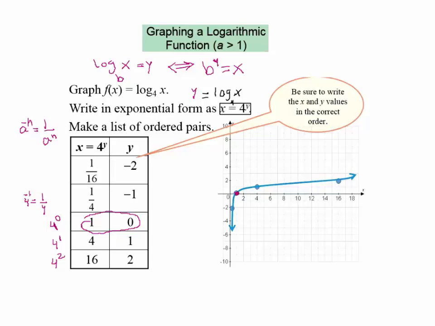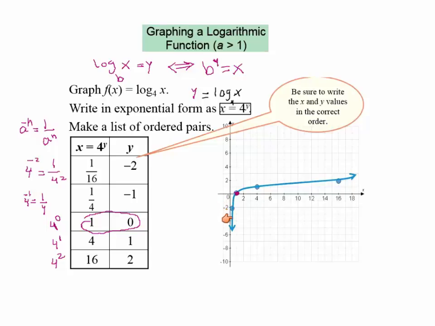So 4 to the power of -1 is equal to 1/4. And as I decrease this, if y is equal to -2, x would be equal to 4 to the power of -2, which is equal to 1 over 4 squared, which is 1 over 16.